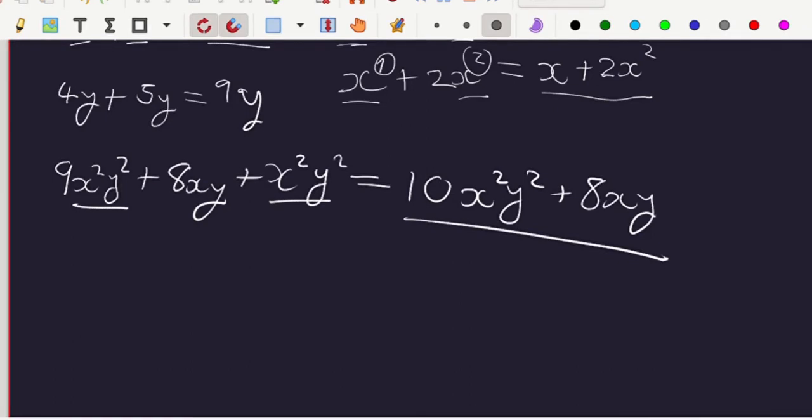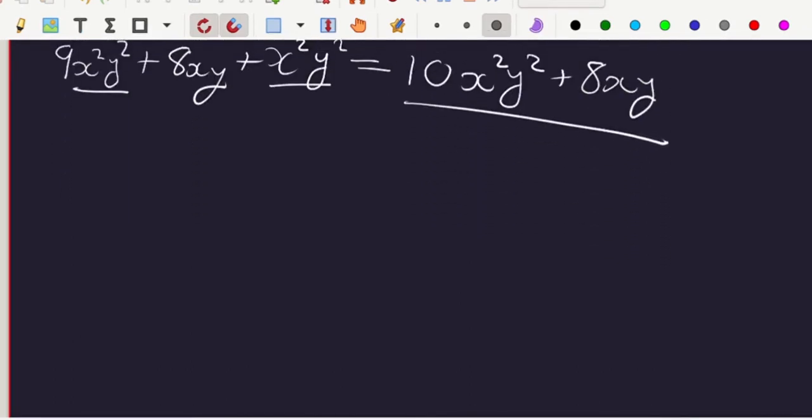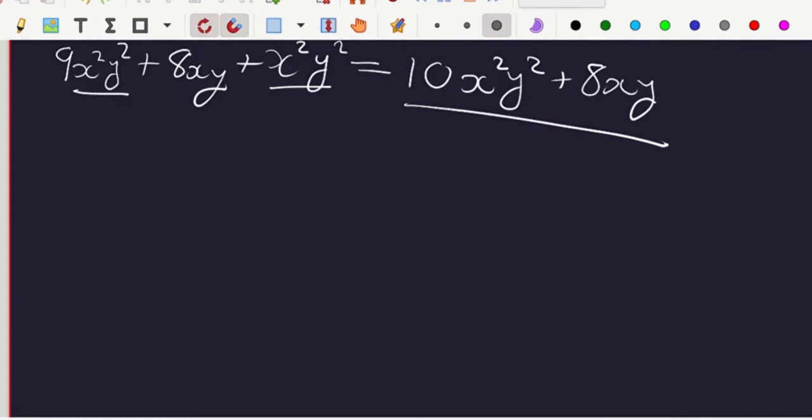And now let's do an example that includes fractions: a over b plus c over d. How do we deal with this?